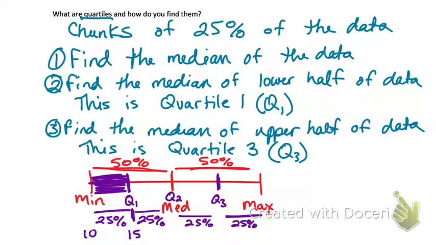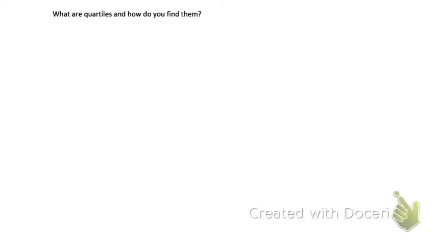Now, I do want to note real quick that this is a very pretty, symmetric set of data, whatever it might be about. I have no idea what it might be about. But we're talking about percentages. So here's what I mean. Here's why that's important. Let's say, for example, we have our minimum here and our maximum here.